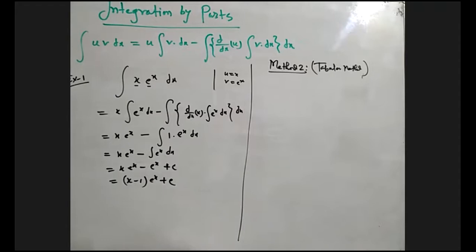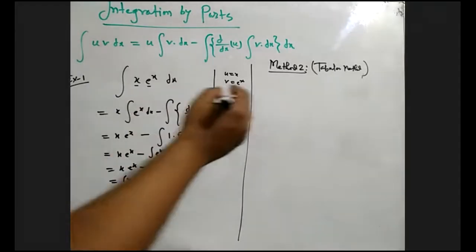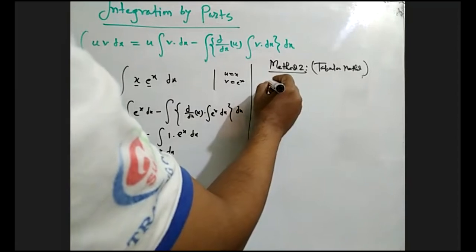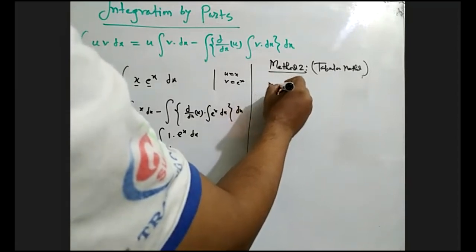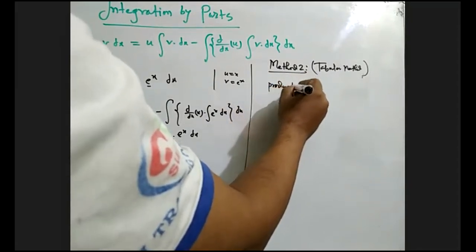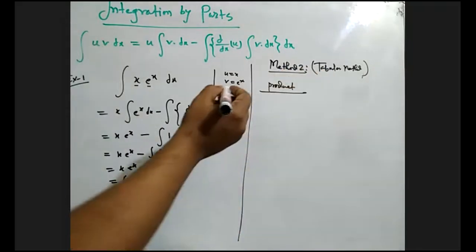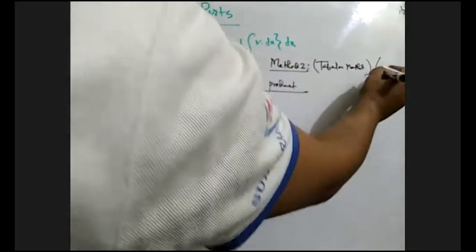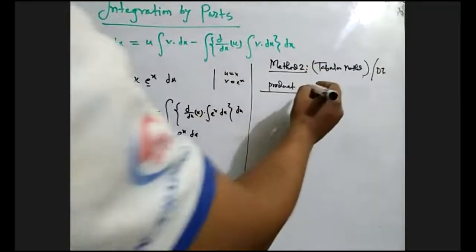For this method, we take the product function. This is also called the DI method, the differentiation and integration method.